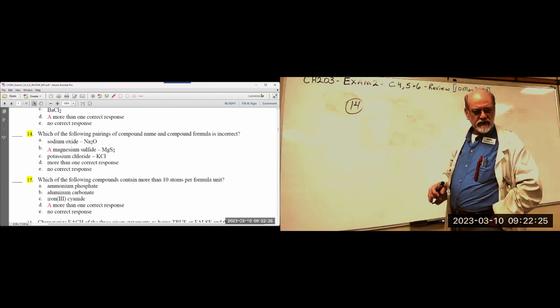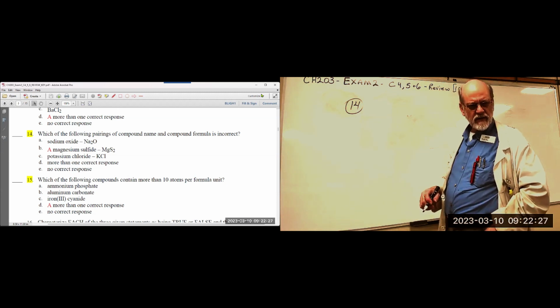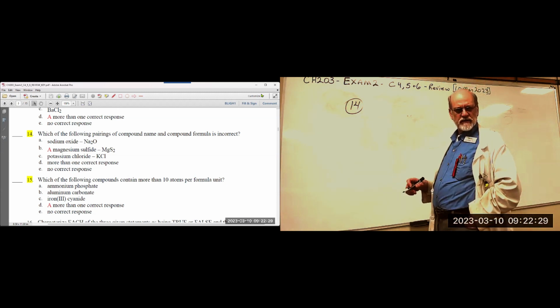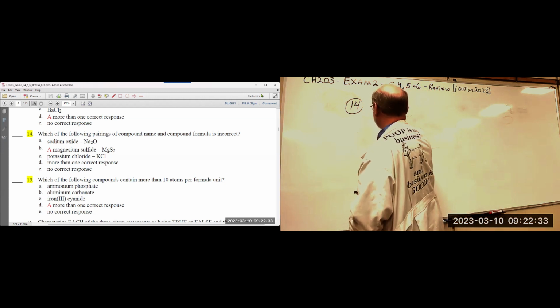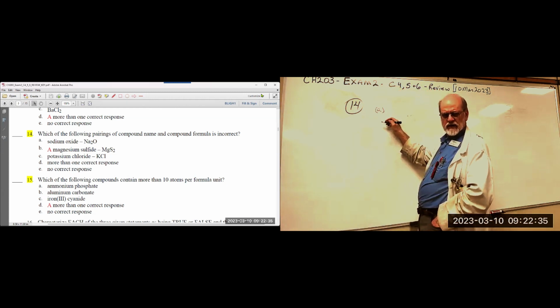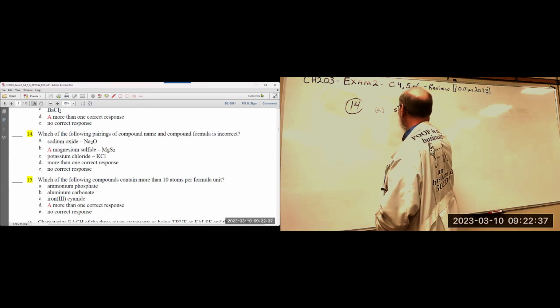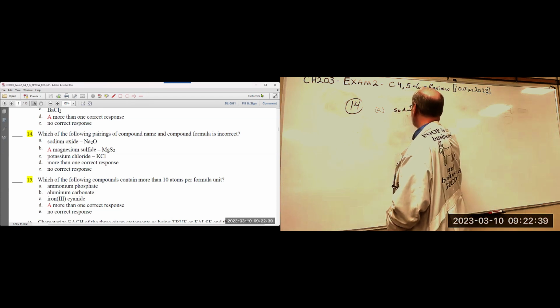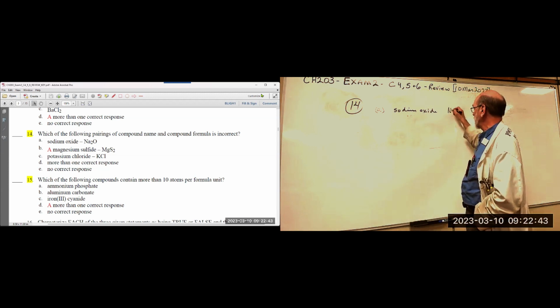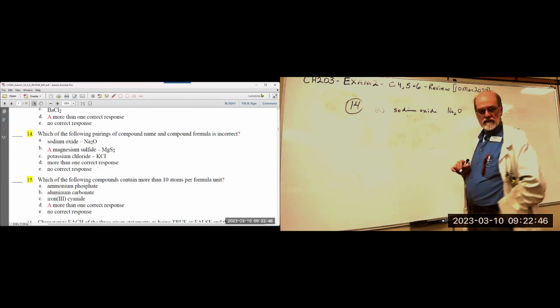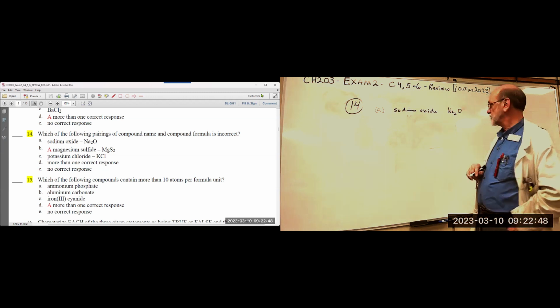So we've got 3 to choose from, and then D and E are based on the first 3. So A says sodium oxide. And it tells us that this one is the correct formula. Is that true?